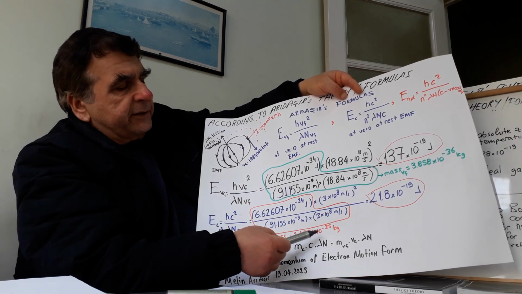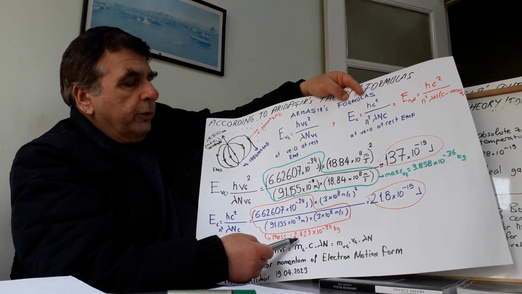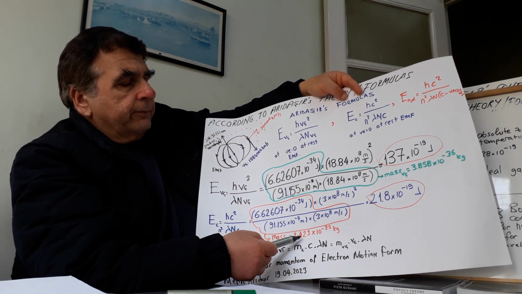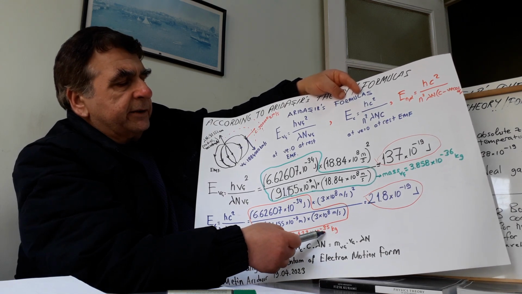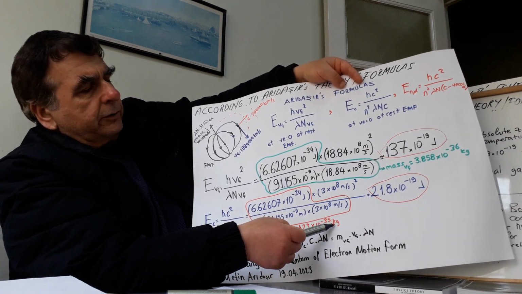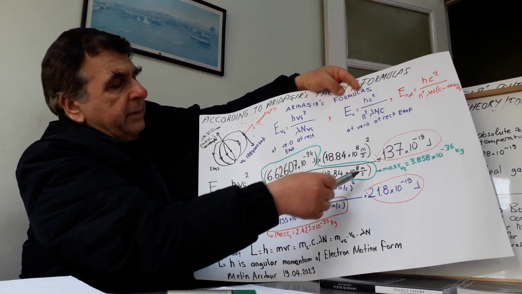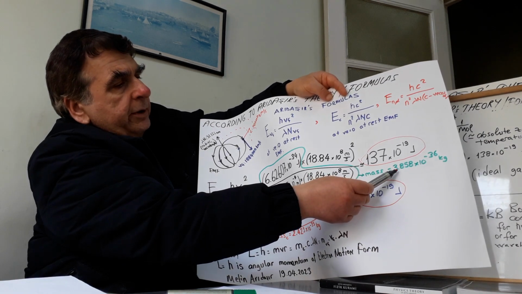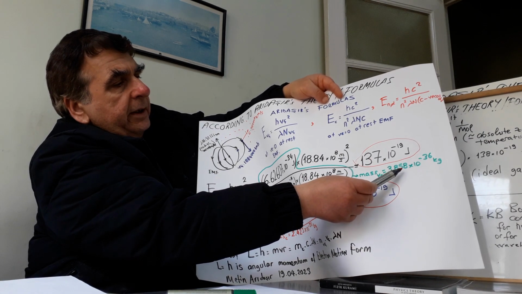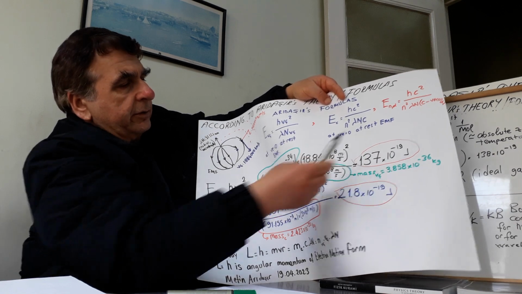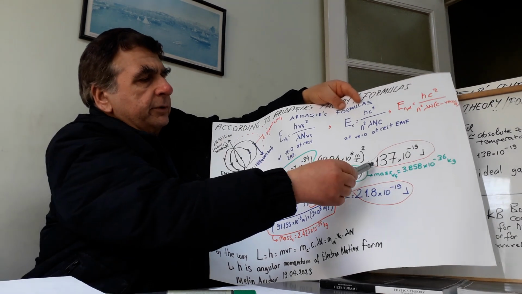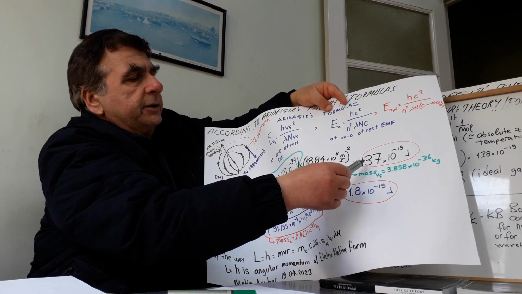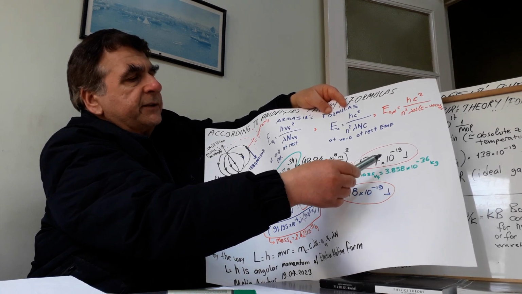C direction mass is 2.423 10 to the minus 35 kilogram. Linear velocity point mass is 3.858 10 to the minus 36 kilogram. But this is important now: 137 10 to the minus 19 joule.